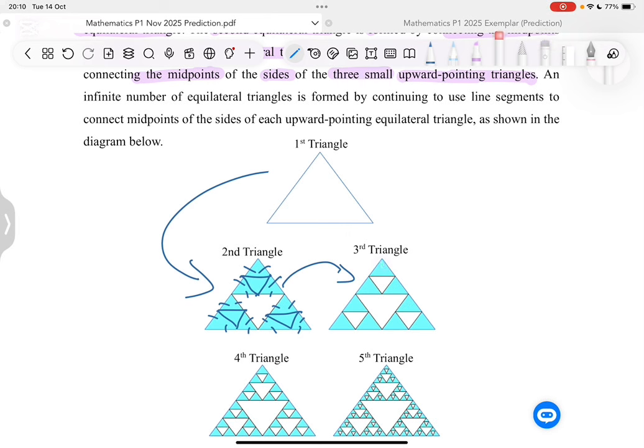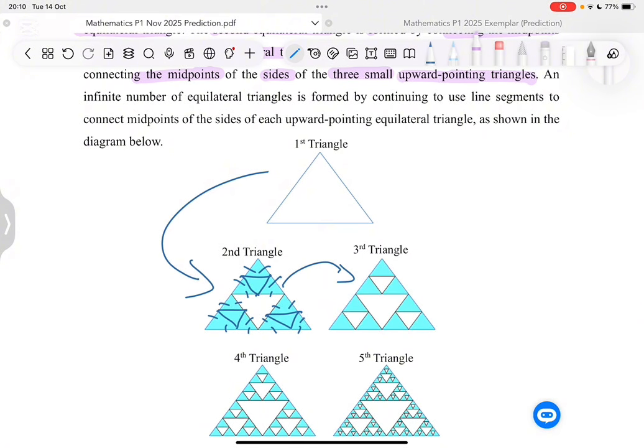And again, you will notice that when you do this, we actually have the original large equilateral triangle that we started with. Then we still see the upward facing triangles like that, emerging there. And on this pattern, we then have the downward facing triangle as well that will be part of that triangle.